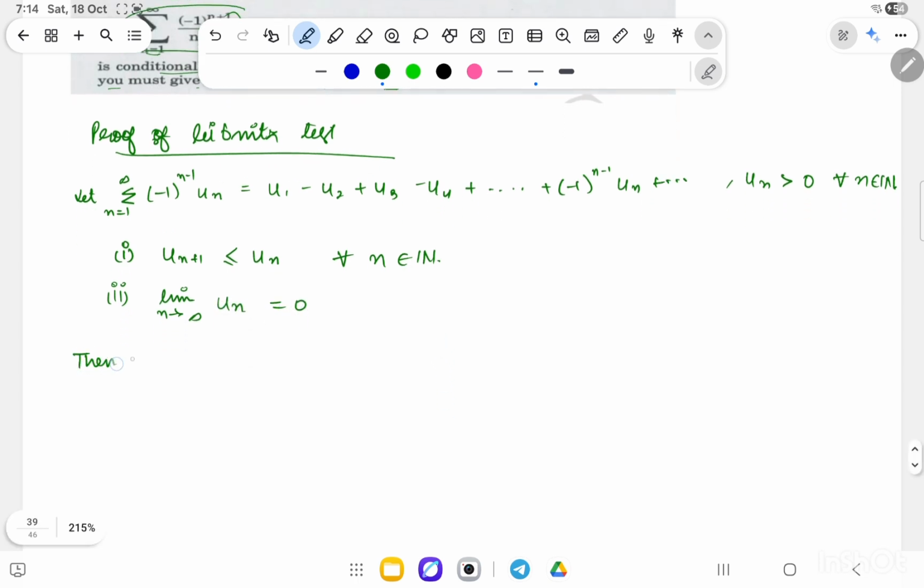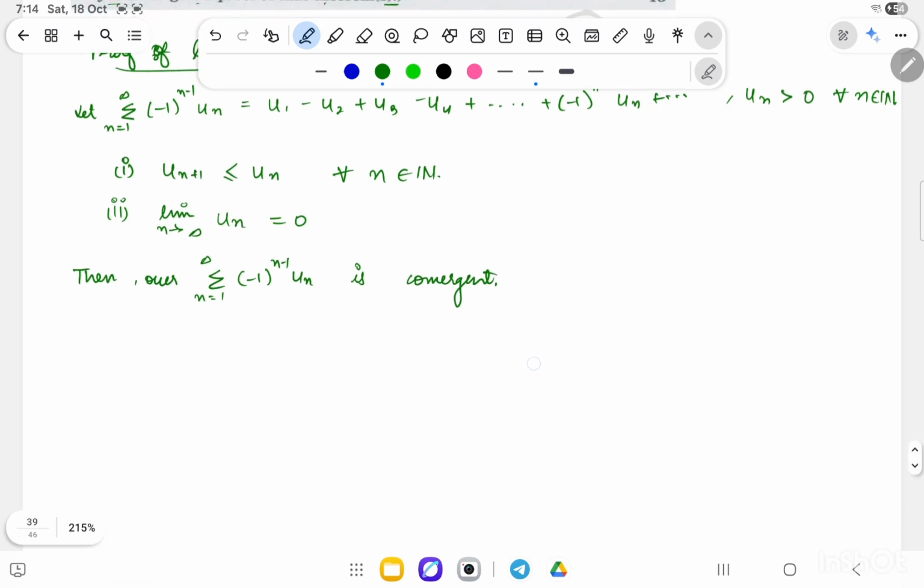Then our series, summation (-1)^(n-1) un, n varying from 1 to infinity, is convergent. That's the statement of the Leibniz test.